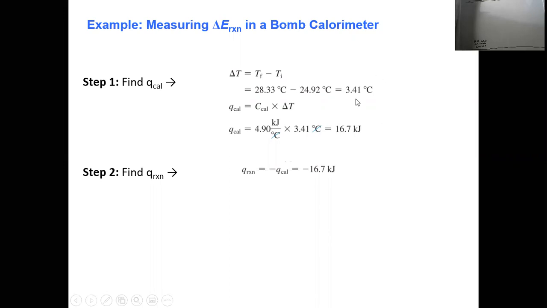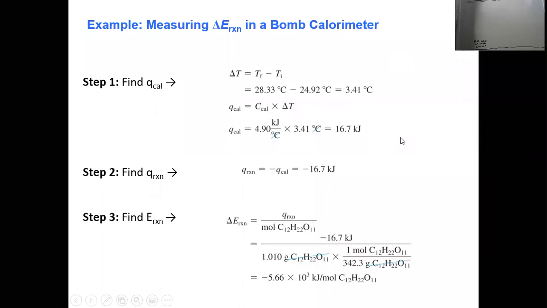And we remember that we have that opposite relationship there. So whatever my Q value of my calorimeter is, negative Q cal will be the Q of my reaction. So my Q cal was positive 16.7 kilojoules. My Q of the reaction will be negative 16.7 kilojoules.